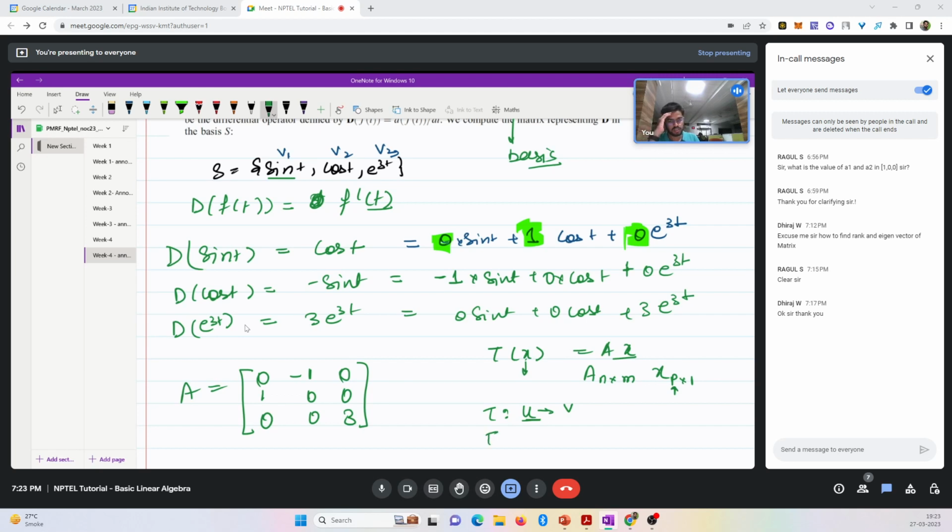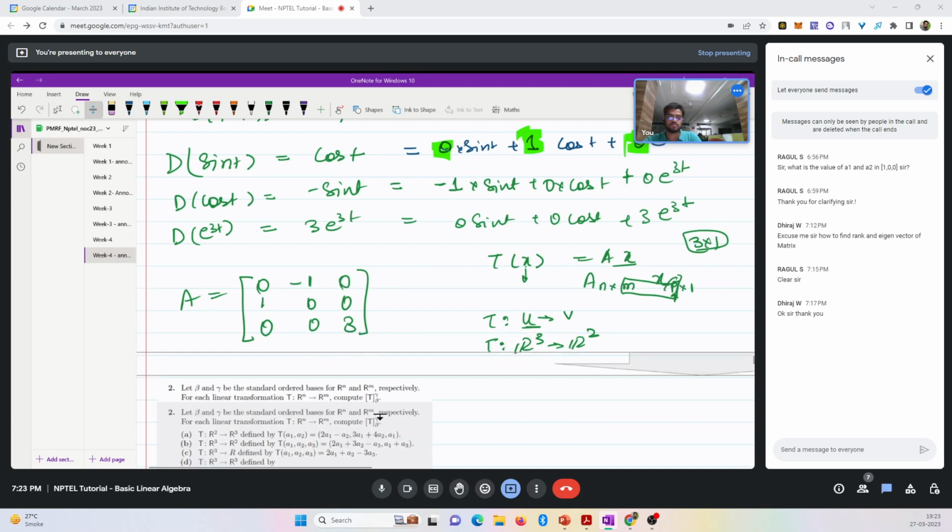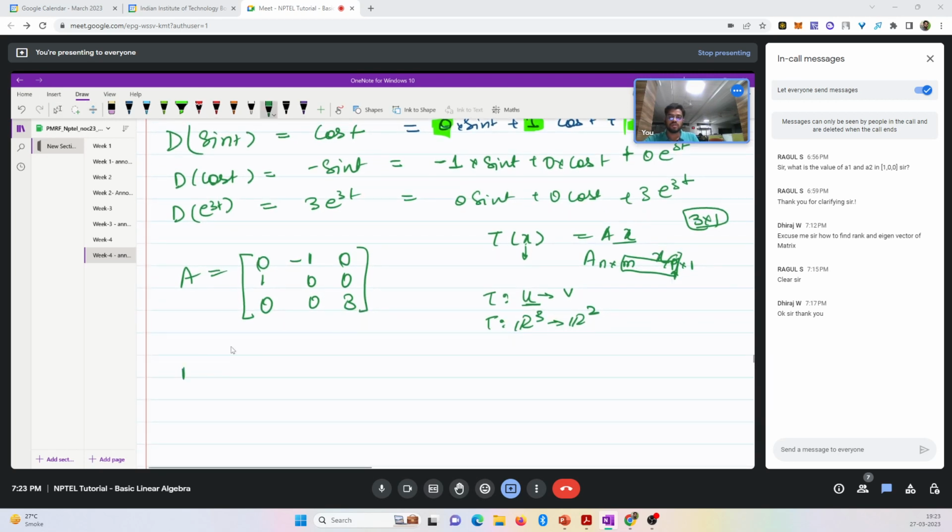Let's say your T is from R3 to R2. Then x would also be a 3 cross 1 vector. So this and this quantity should match for multiplication. So the number of columns of A is nothing but the dimension of your U.